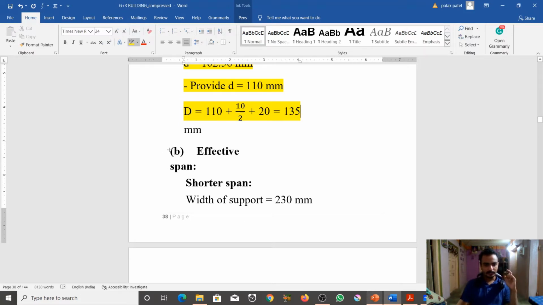Next we have to find out the effective span. In a one-way slab we find the effective span in only one direction.